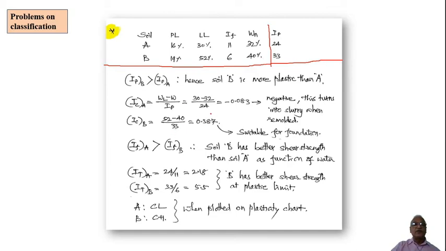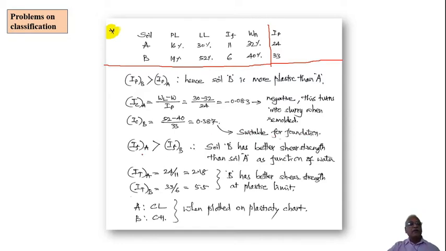So this is coming out to be positive. Here what it indicates is that the natural water content is less than liquid limit. You can just see here. That's why this is coming to be positive. This is suitable for foundation, or good, it can withstand some load.